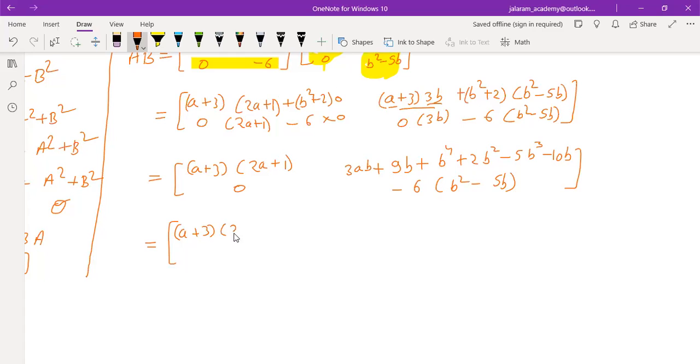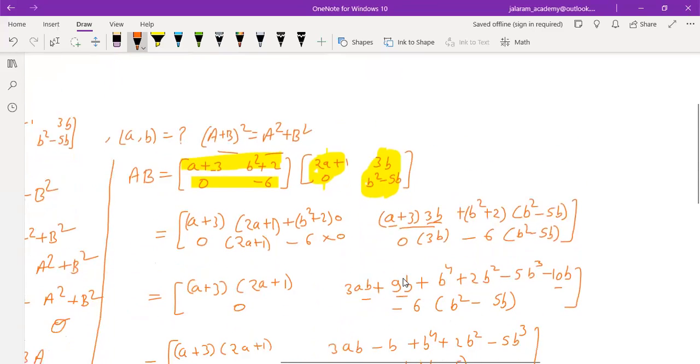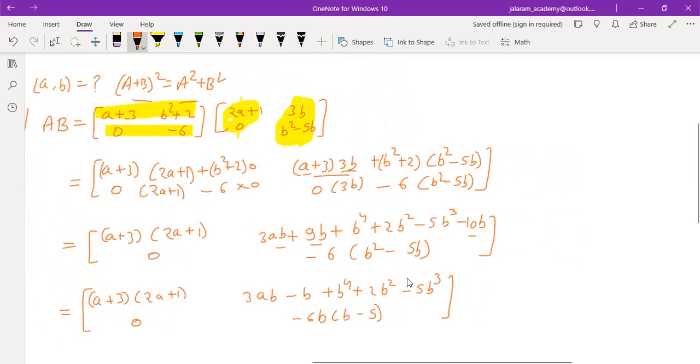So in A plus 3 into 2A plus 1, this 3AB is a single term. 9B minus 10B minus B plus B to the power 4 plus 2B square minus 5B cube. 0 minus 6, B is also common, into B minus 5. So this is the value of AB. So let's now find the value of BA.